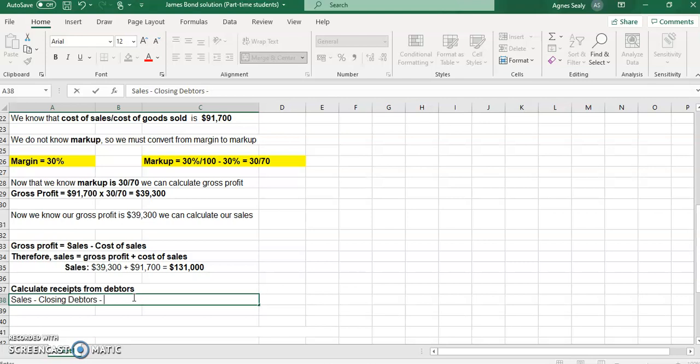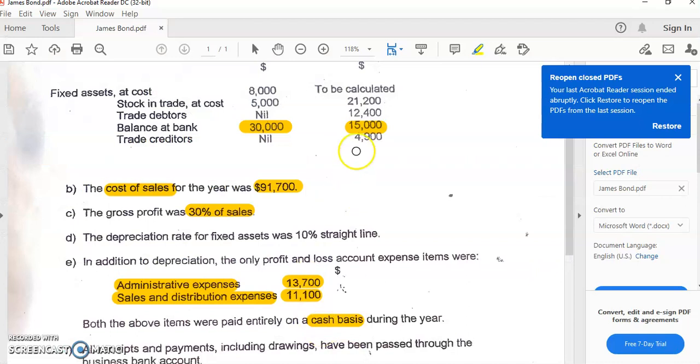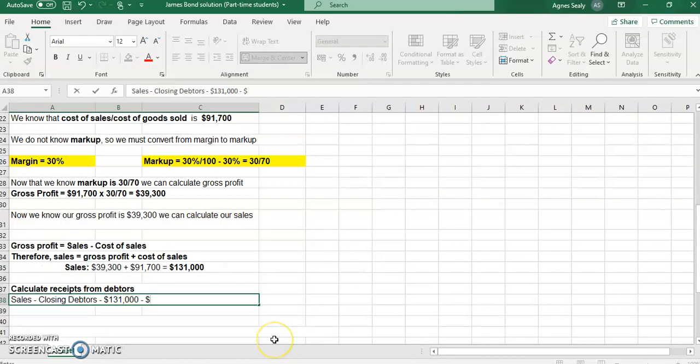So basically that would be $131,000 minus our closing debtors, which were $12,400. So this is our closing debtors here, $12,400. So $131,000 minus $12,400 gives us $118,600.